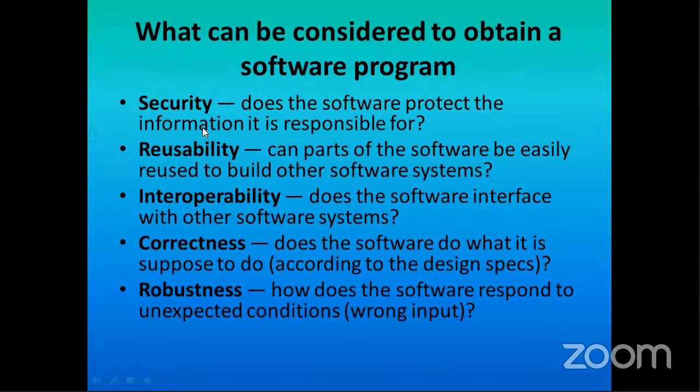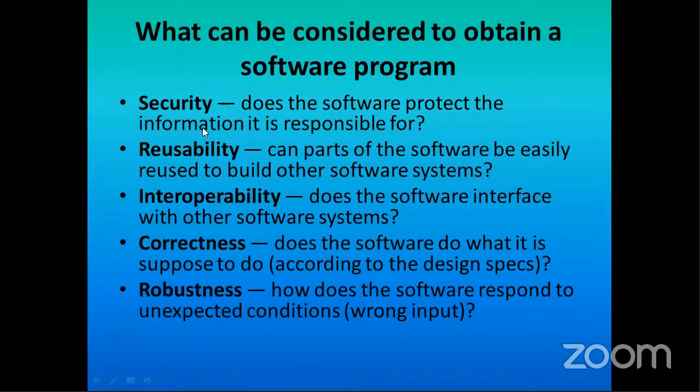Yes, sir. Then reusability. Can parts of the software be easily used to build other system programs? So you find that when you develop a software, some of the source code, which you saw in the other video, can be used to develop other systems or other programs.